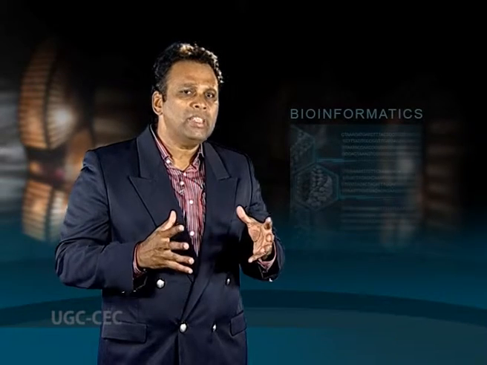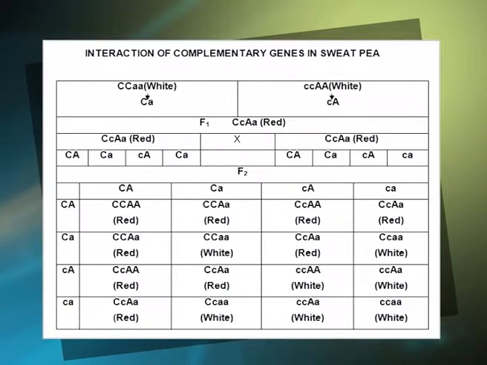In F2, the F1 plants were self-pollinated among themselves. In the F2 generation, the offspring resulted in the ratio 9:7, of which 9 were red and 7 were white. Out of the 16 progenies, 9 showed phenotypically red flower and 7 appeared as white flower.